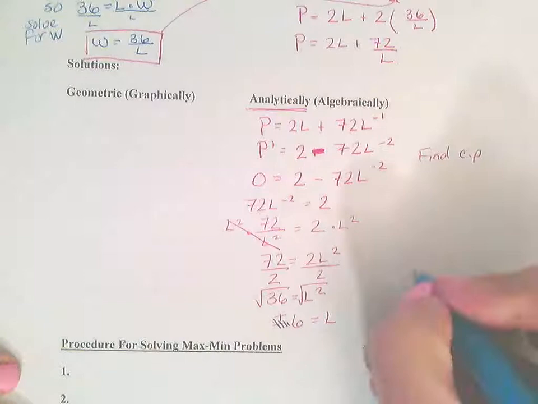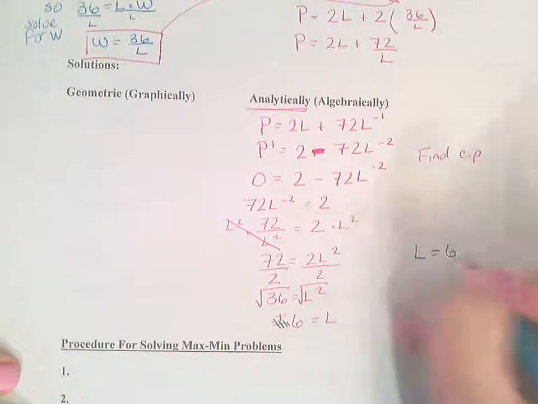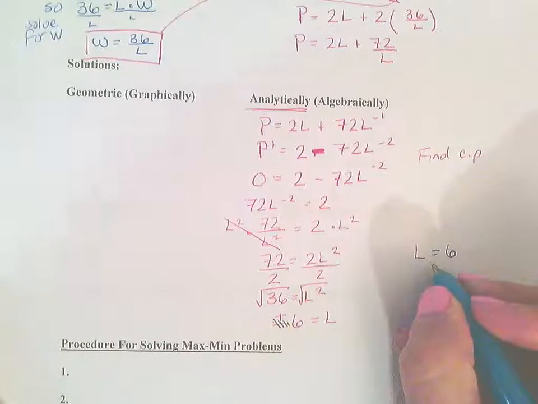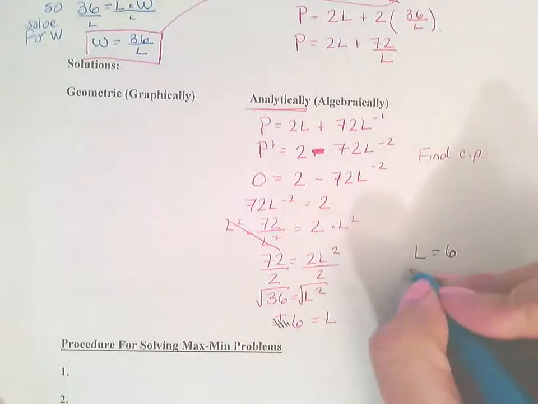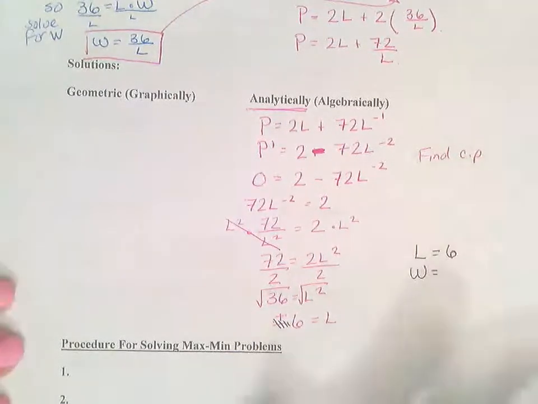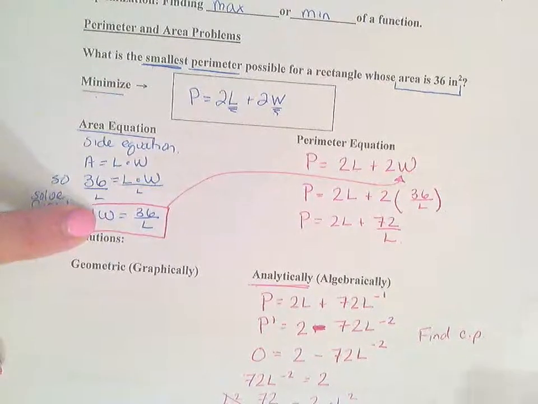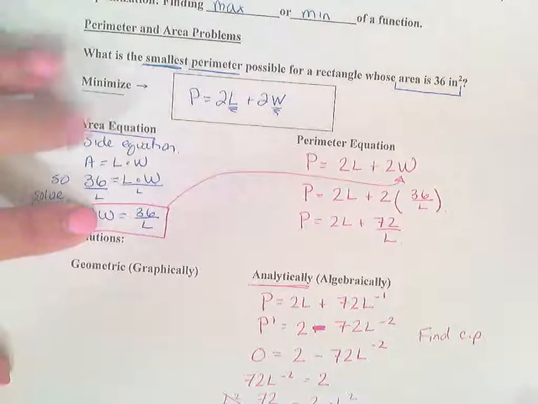No. So now I know that L is 6. And if L is 6, what's W? Remember, at one point we did solve for W. So if L is 6, then W is 36 divided by L, which is 36 divided by 6. And so W is 6.